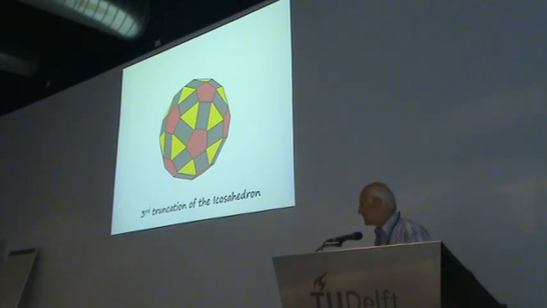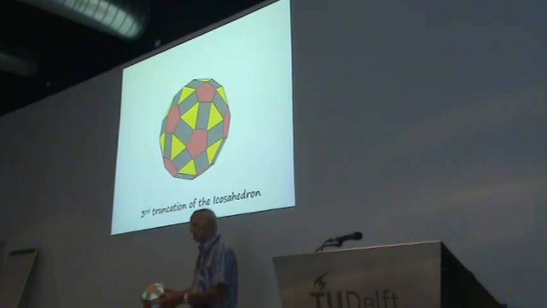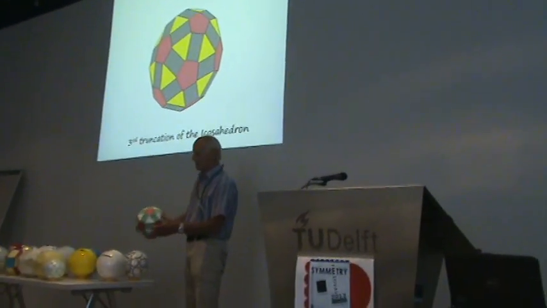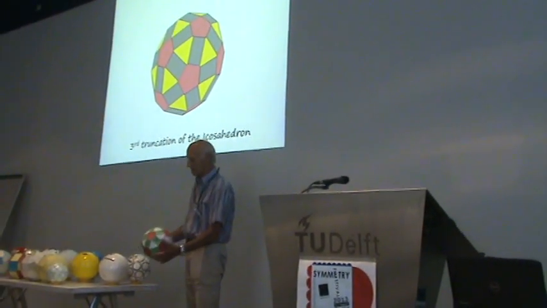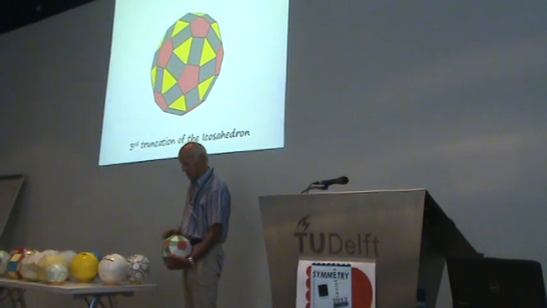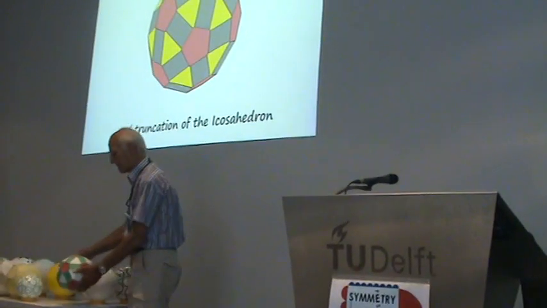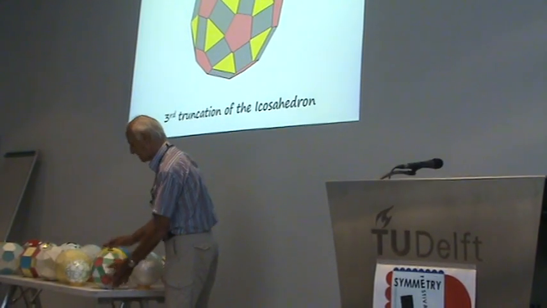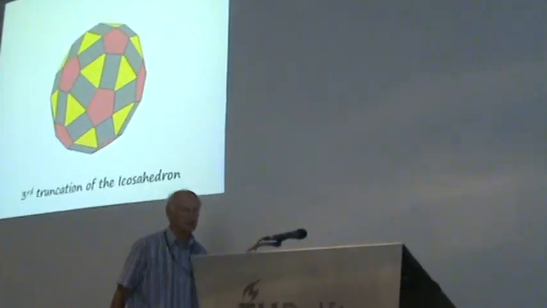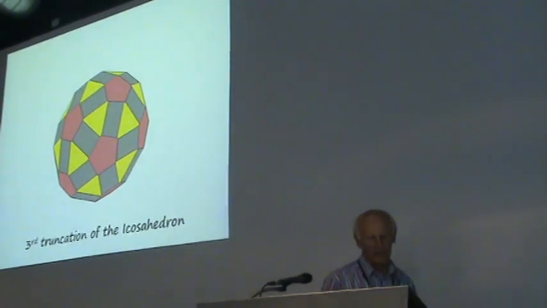This one, I have a model of that. In fact, this is the one that I show here. You see that it is again built of rectangles and pentagons and triangles, but they are not really triangles, they have chamfered corners.